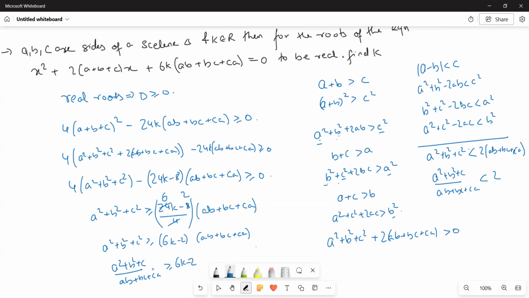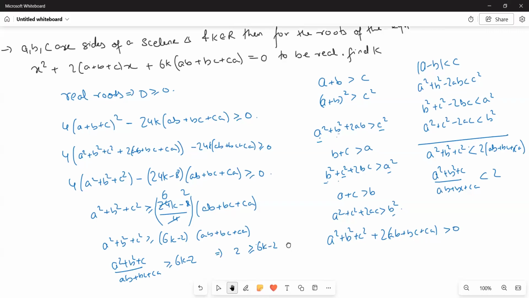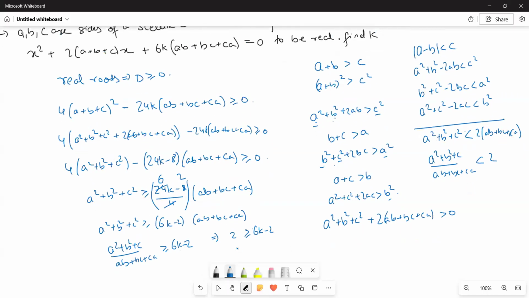Now the maximum possible value for this is 2, which is like 2 is greater than equal to 6K minus 2. So that will give us 4 is greater than equal to 6K, or 6 going down, 2/3 comes. So K is less than 2/3.